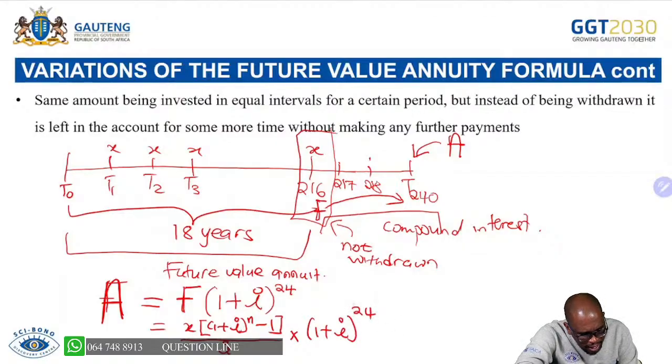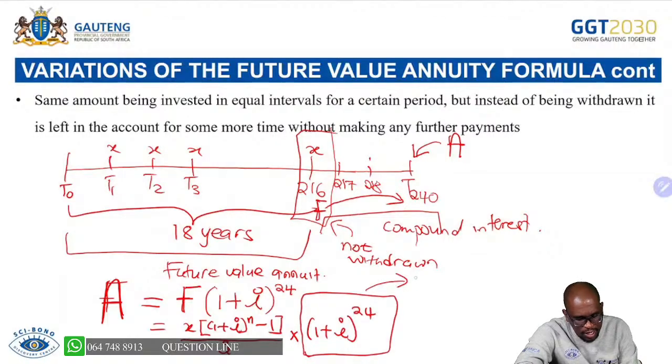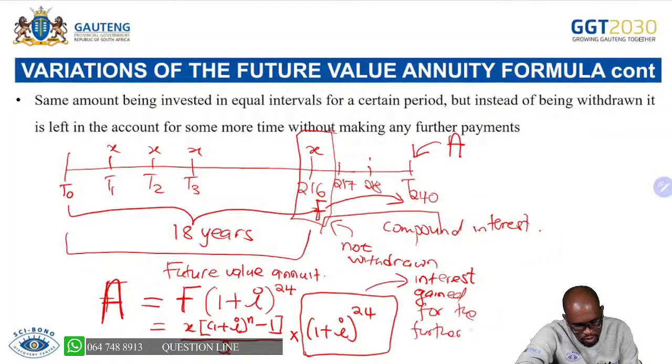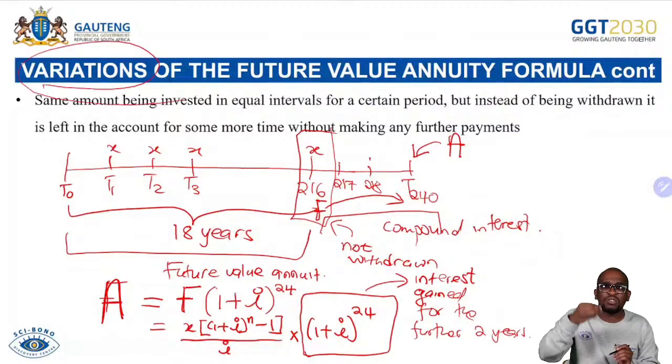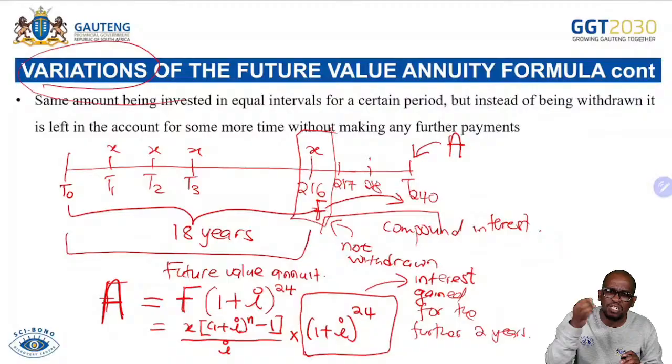So this here is to account for what? The interest. Interest gained for what? For the further 2 years. So that is the variation that we are making to the formula. That is the variation that we are making.